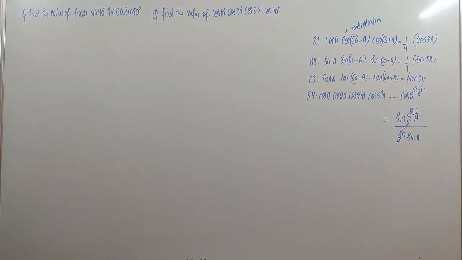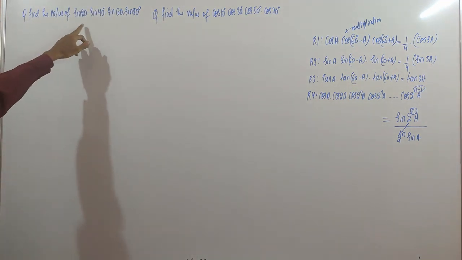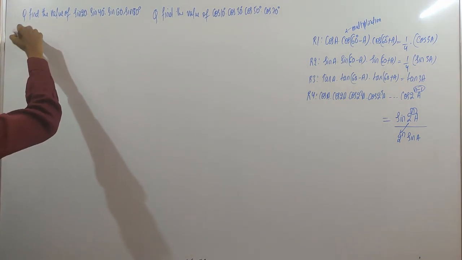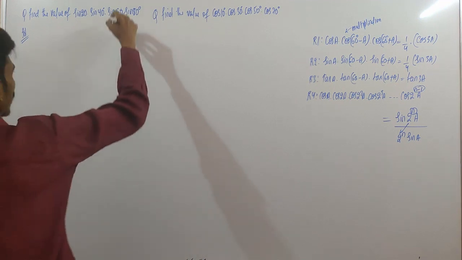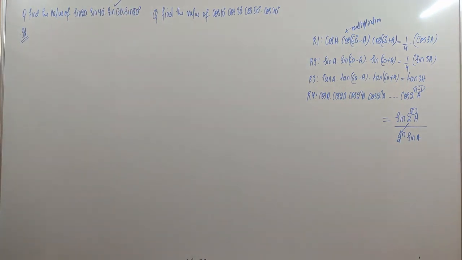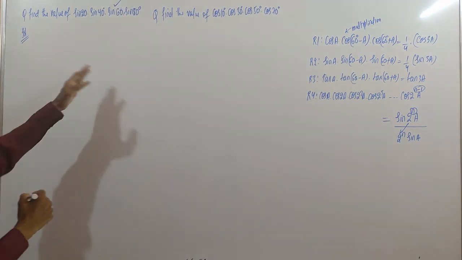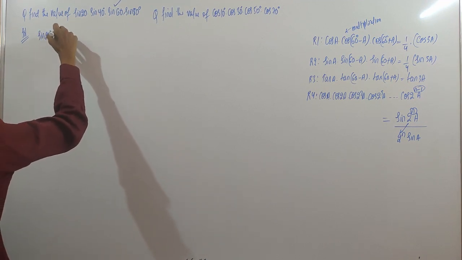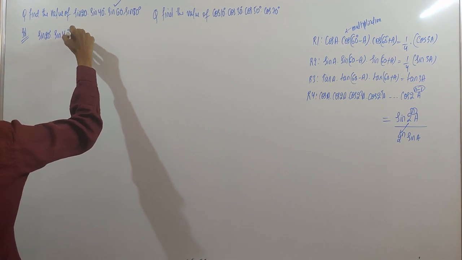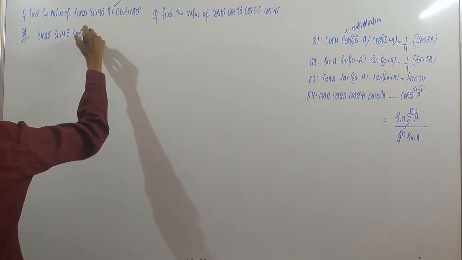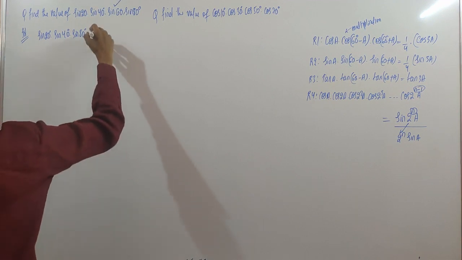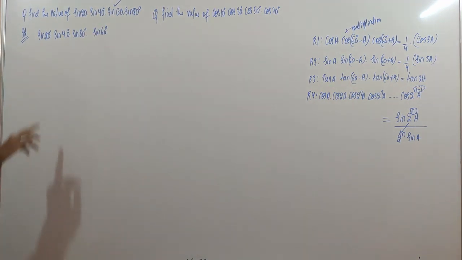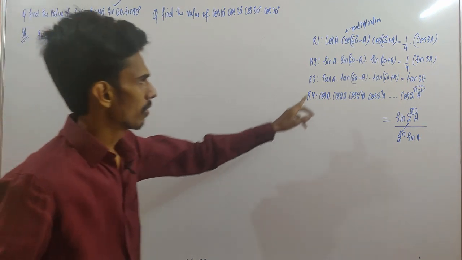Now let us solve these questions we have been given. Find the value of sine 20, sine 40, sine 60, sine 80. The value of sine 60 is known, so leave it. Write down sine 20, sine 40 into sine 80, last sine 60. Now compare this with result 2.